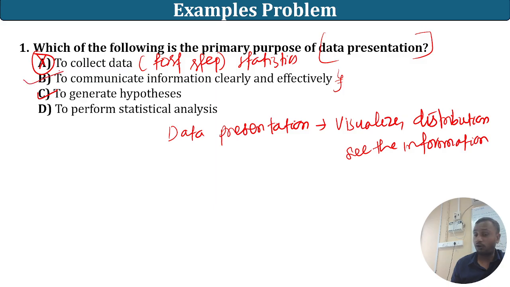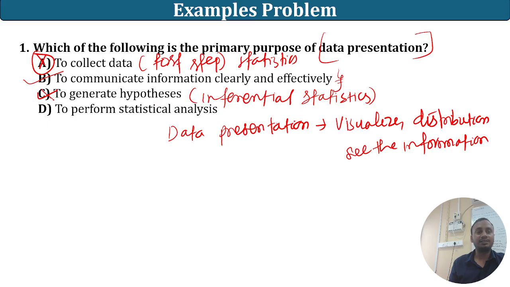So this will be the correct option. Let's see the third option: to generate the hypothesis. Our purpose for the data presentation is not to generalize any comment, or to tell about the population based upon the sample. That is part of inferential statistics. So this can't be the answer.